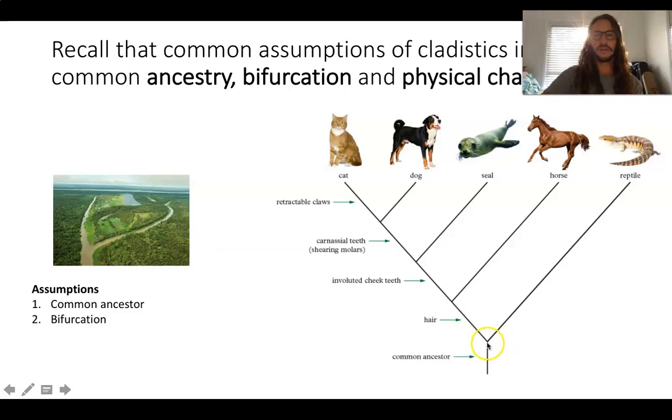So along the common ancestral line, it splits into two, where features vary. And thirdly, this process assumes that changes even occur in characteristics over time.